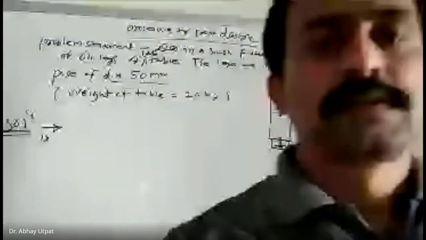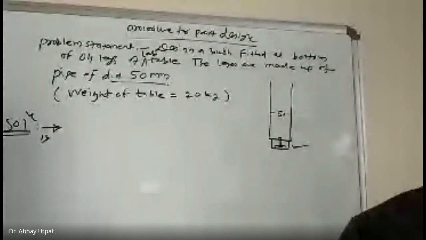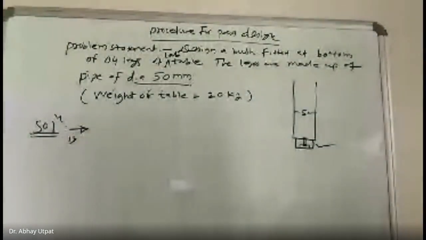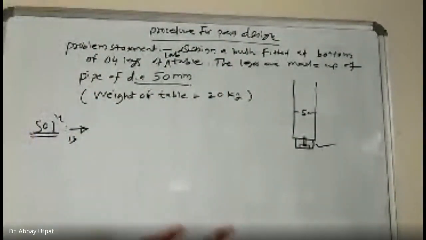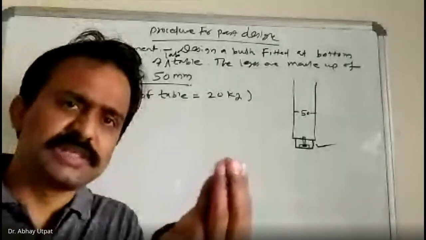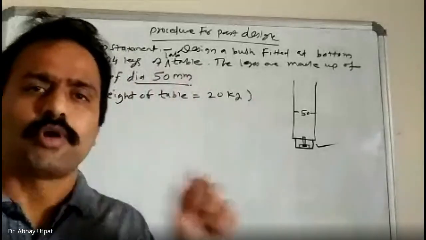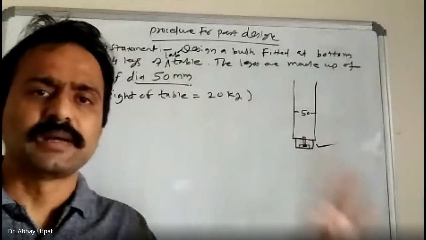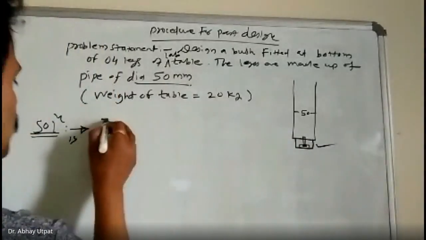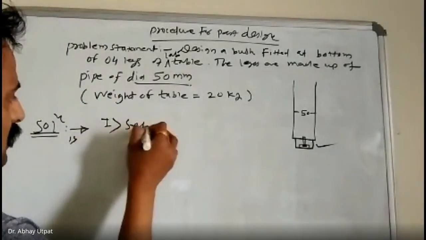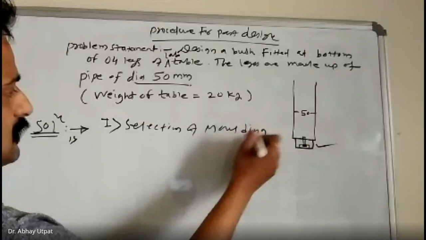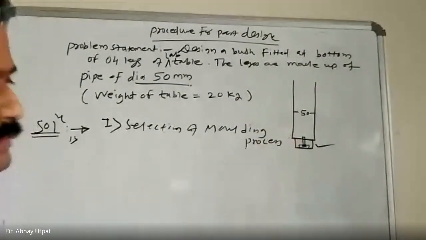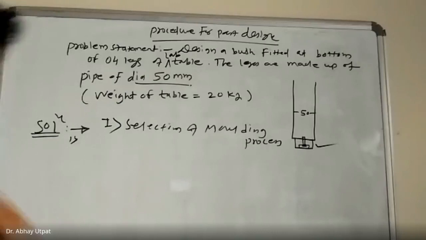We have studied different manufacturing processes: injection molding, compression molding, extrusion molding, rotational molding. Bush is a very simple component, and always decide for low cost production, injection molding is the best process. So, step number 1, I am explaining selection of molding process.